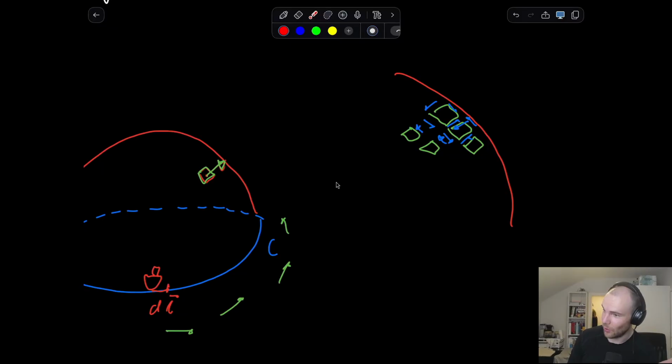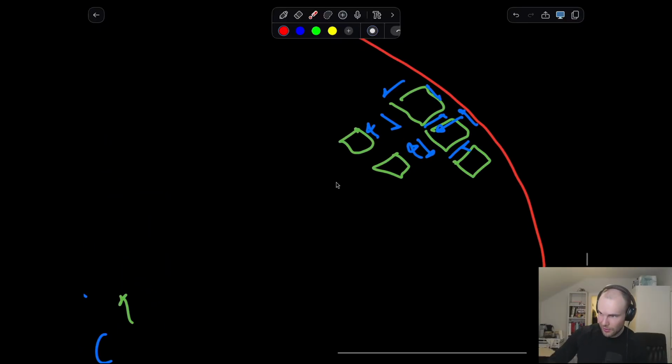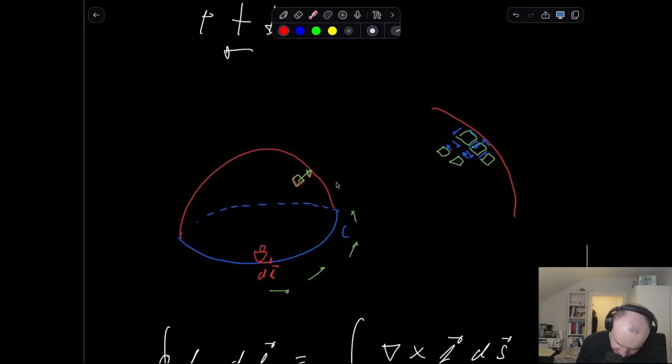Those have nobody to cancel out because it's a surface. So if I zoomed in here, actually there will be some boxes on the other side on top of the surface, and they will cancel out. So actually, they're only the ones that will be here, alongside the curve, that will matter.